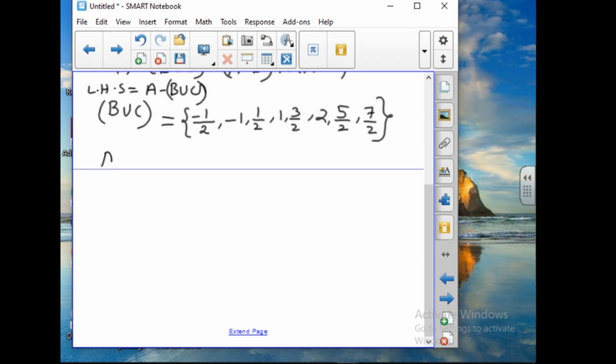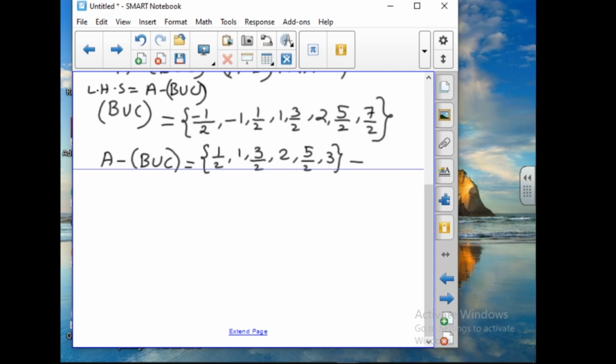Next you have to find A difference (B union C). What is the A set? 1 by 2, 1, 3 by 2, 2, 5 by 2, 3.